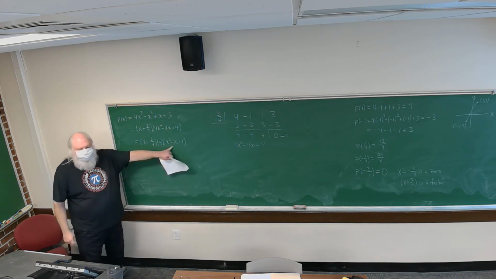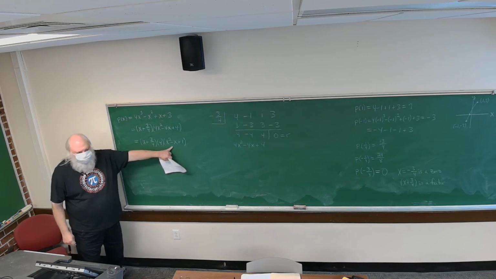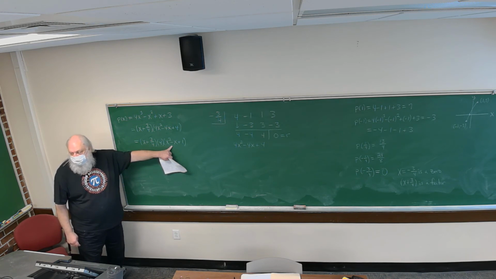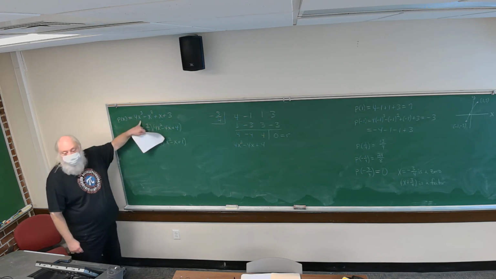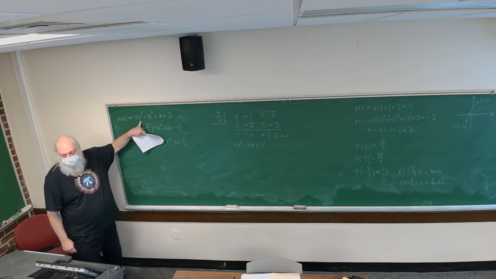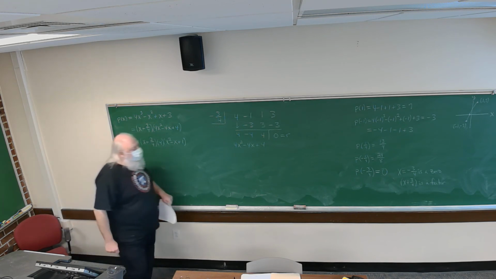So to find the last two zeros, we set this quadratic equal to 0 and solve for x. Are the last two zeros rational numbers? Can you tell? Think so? Yeah, they're not, right? So remember I said there was either 1 or 3 rational zeros to this polynomial? There's only going to be 1.